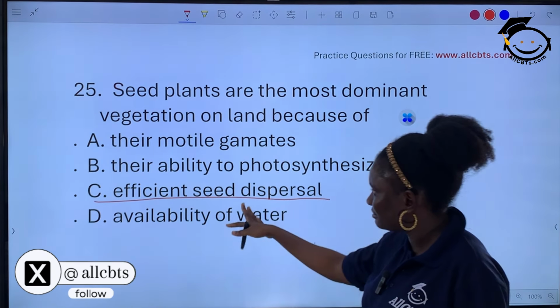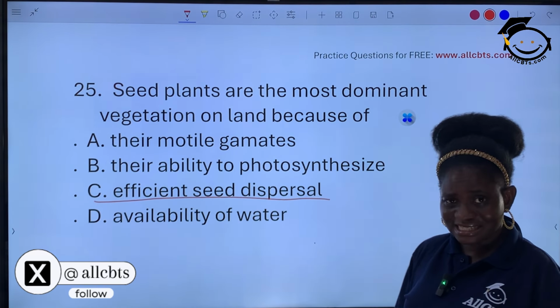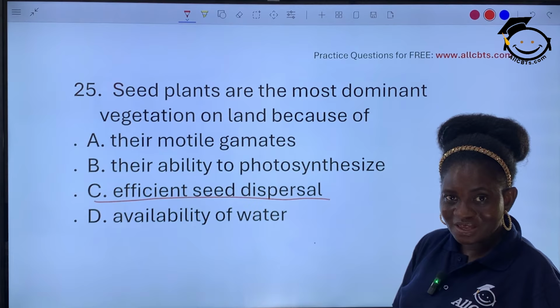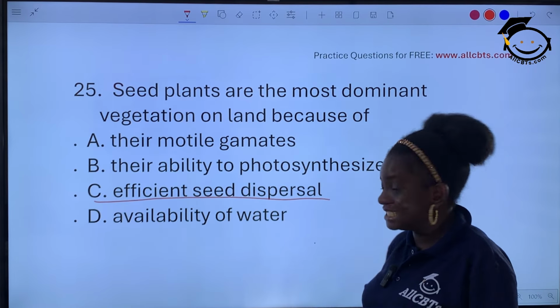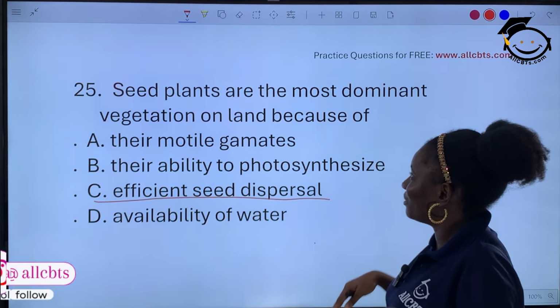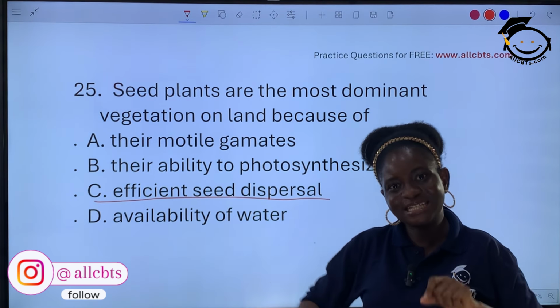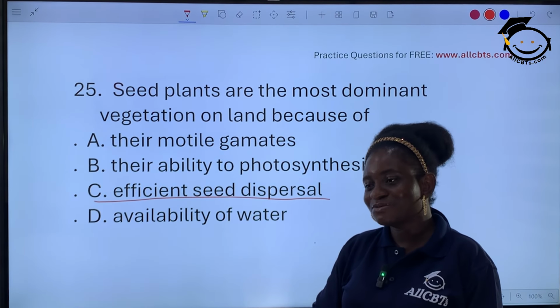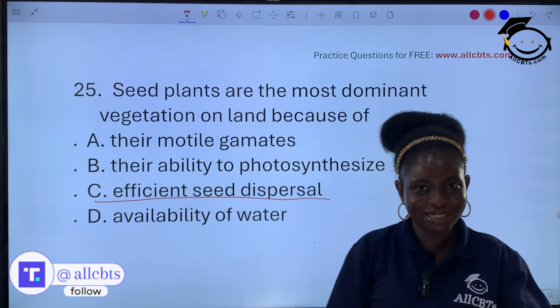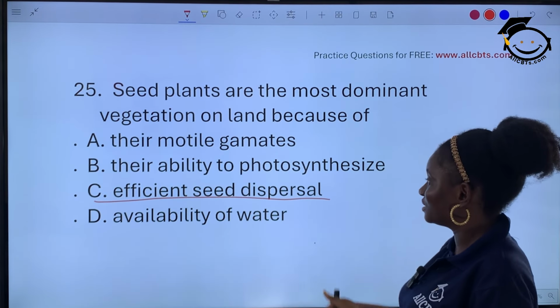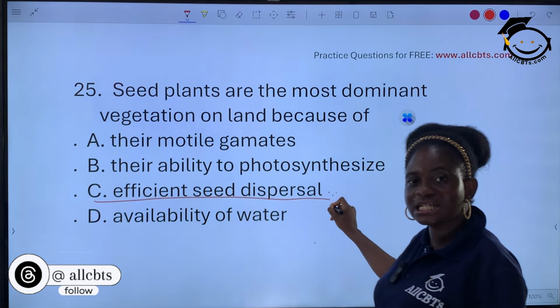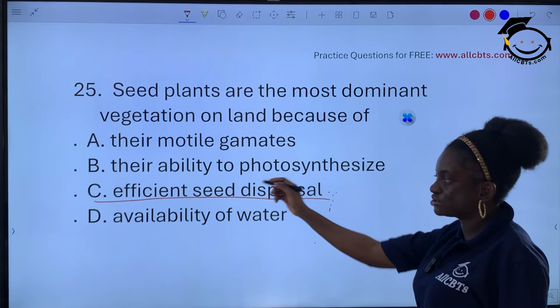Availability of water and photosynthesis also contribute. If there is water, seeds will be able to grow, right? But the main reason why there are so many is that if somebody is not taking it from one place to another, if wind is not blowing it, there won't be so many. So the correct answer is efficient seed dispersal, option C.